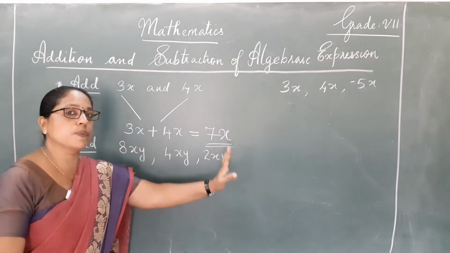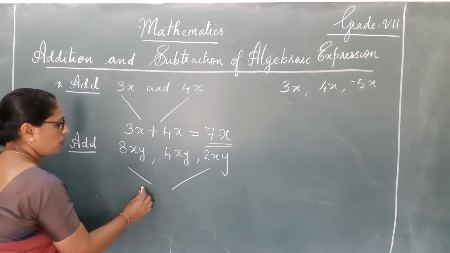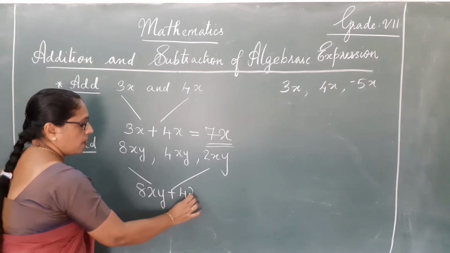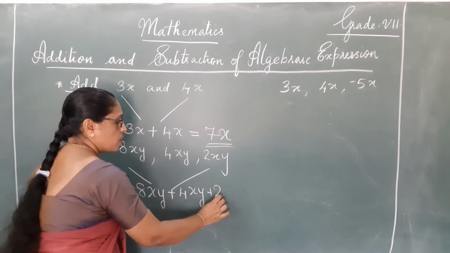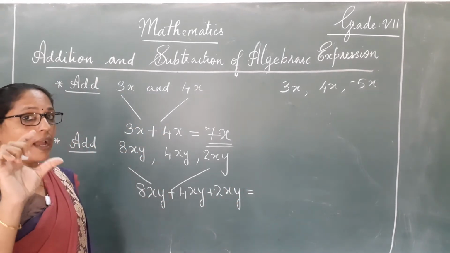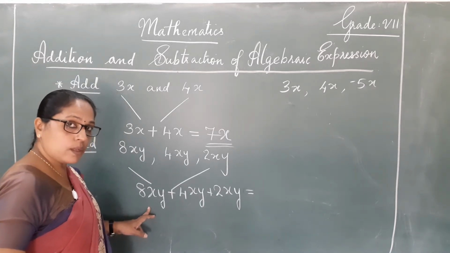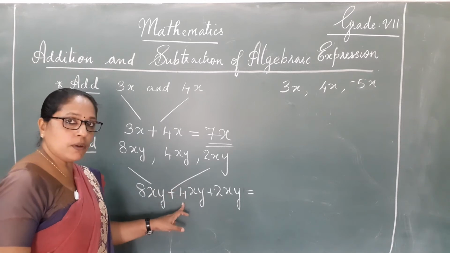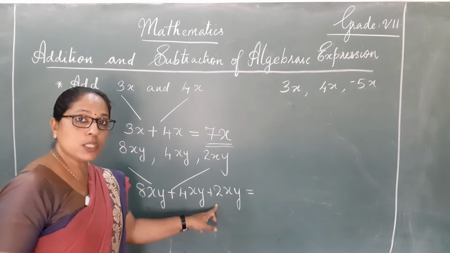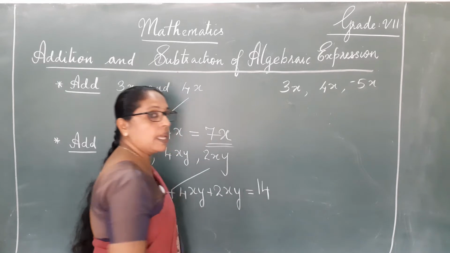So all the expressions are like terms, and now we can add them. 8xy plus 4xy plus 2xy is equal to, only add the numerical coefficients, and check their signs also. 8 plus 4 is 12. 12 plus 2 is 14.